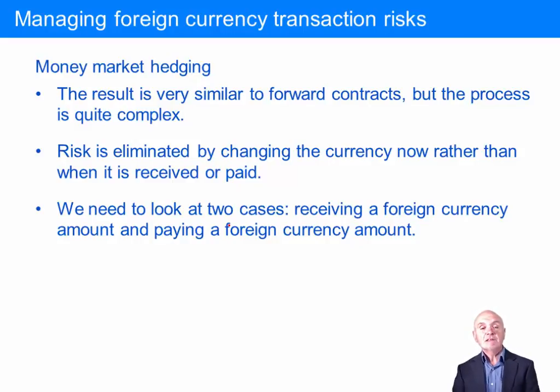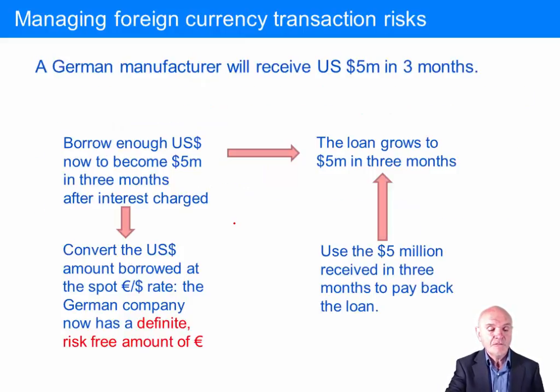And essentially risk is eliminated by being able to, in a way, change money now instead of waiting until 3 months' time, or whatever it is, when the transaction actually occurs. We're going to be looking at two cases. What would happen if we were to receive foreign currency in 3 months, or whatever it is, or we pay it.